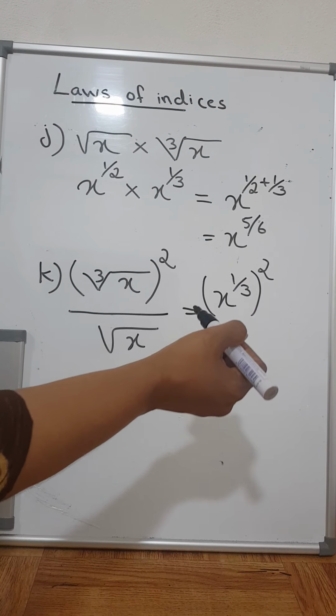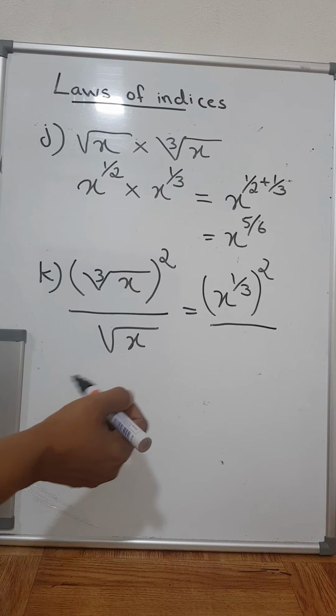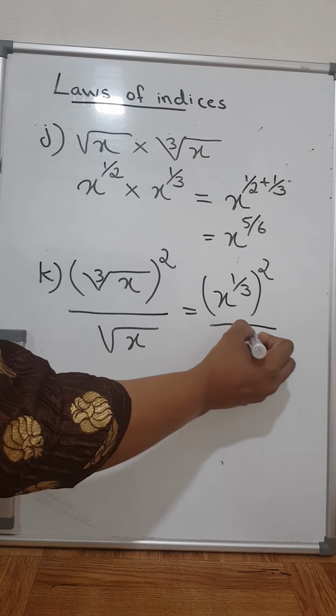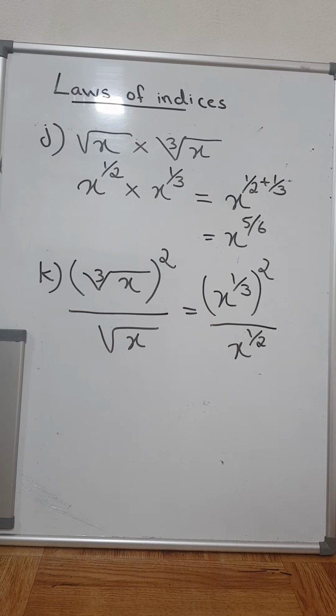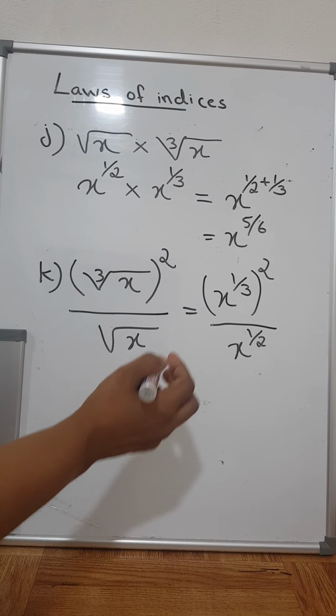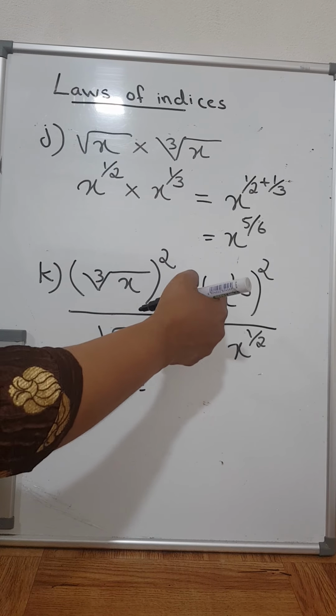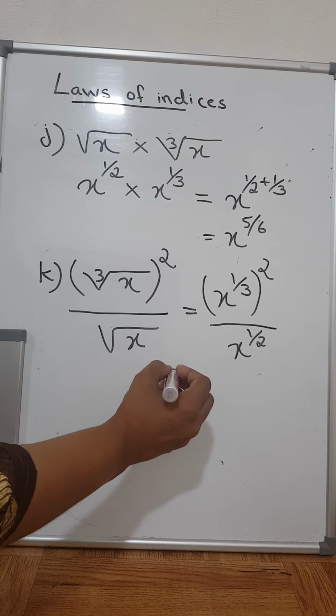x to the power 1 by 3, the whole square, divided by root x, in the index form is x to the power half. Now you see, in the numerator we can apply the power law. So x to the power 1 by 3, the whole square, becomes x to the power 1 by 3 times 2.